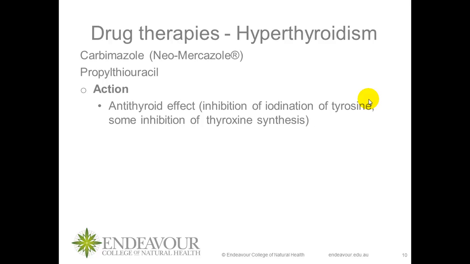They are drugs such as carbimazole, which is sold under the brand name Neo-Mercazole, and propylthiouracil. These drugs inhibit thyroxine synthesis. They might also inhibit iodination of tyrosine, so that some part of that metabolic pathway leading to thyroxine is inhibited.